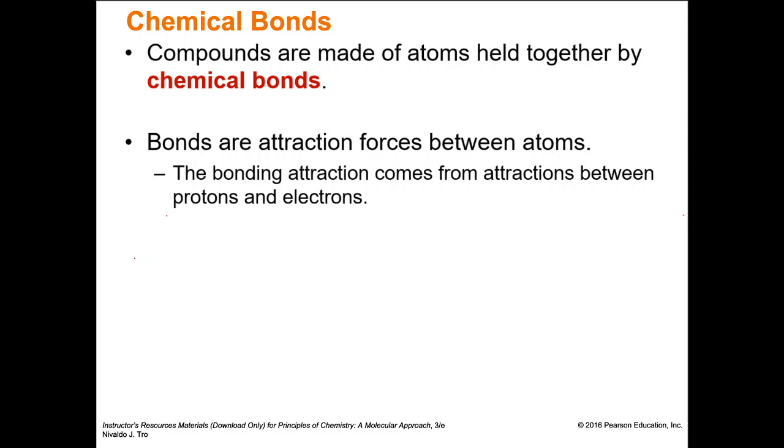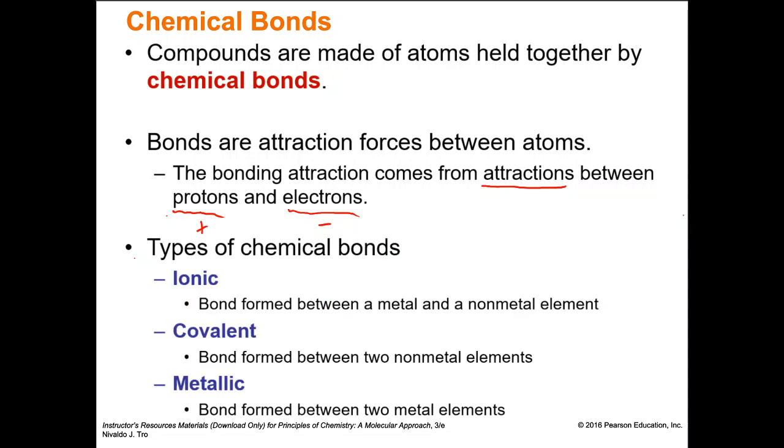But the bonding attraction comes from two things. It comes from the attractive forces, the attractions between protons and electrons. Remember, these are positive, these are negative, just like two poles of a magnet. So that electrostatic attraction comes from the attraction between the protons and electrons. And it doesn't mention this in this slide, but it's also a balance of the repulsion of two electrons, because these are similarly charged.